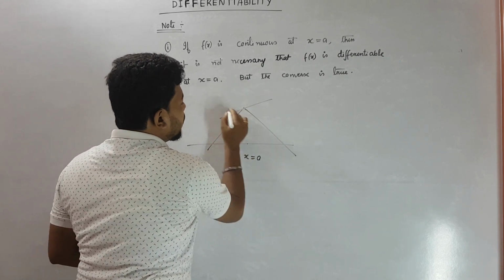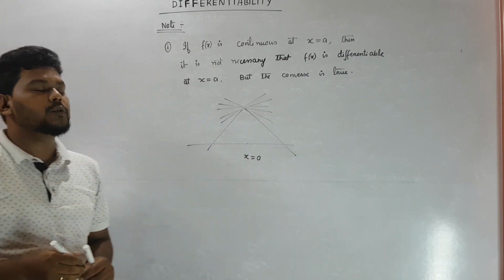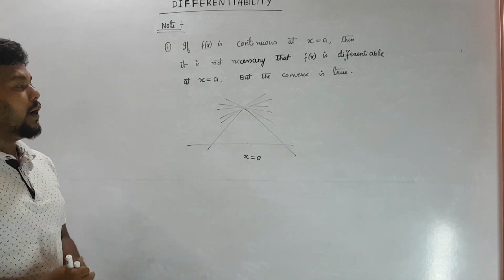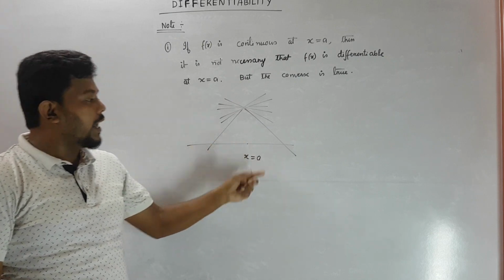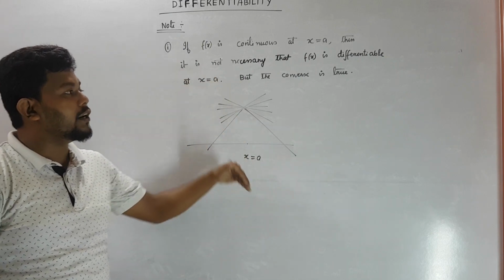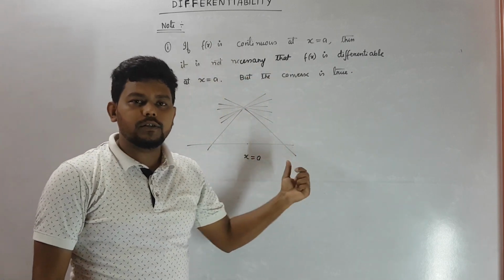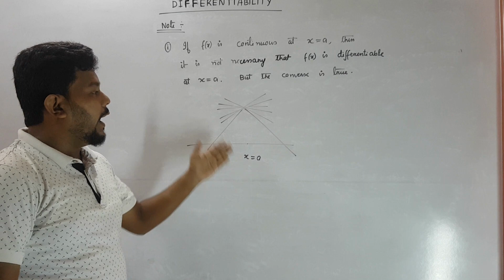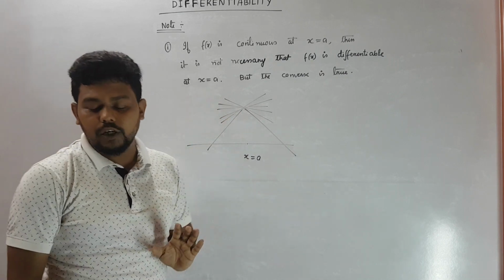Like this, you can draw an infinite number of tangents at this point. So when the function has a sharp edge at the point where we need to find the differentiability, you may get more than one possible tangent. That is why we can say at those points the function may be continuous, but it is not differentiable.